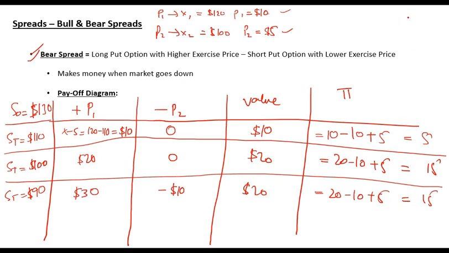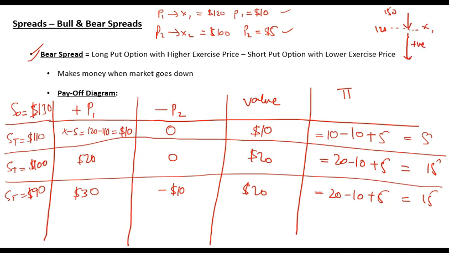So it means you will benefit if price falls. Your benefit will start once you have crossed the higher strike price. So let's say you started from 120, your benefit will start when you cross the $120. Then you will keep on benefiting.